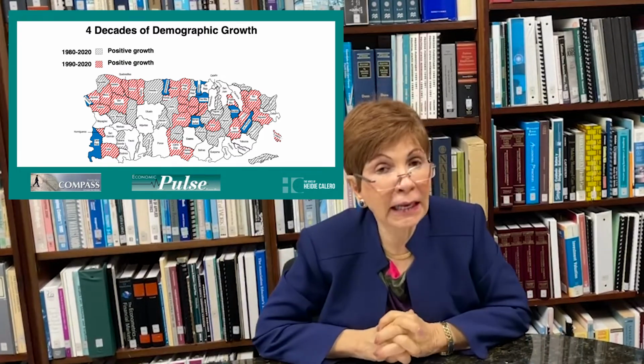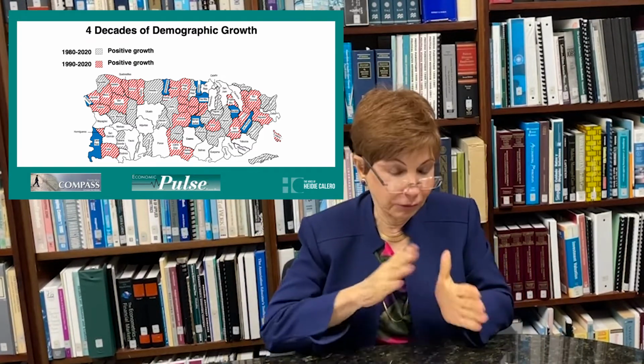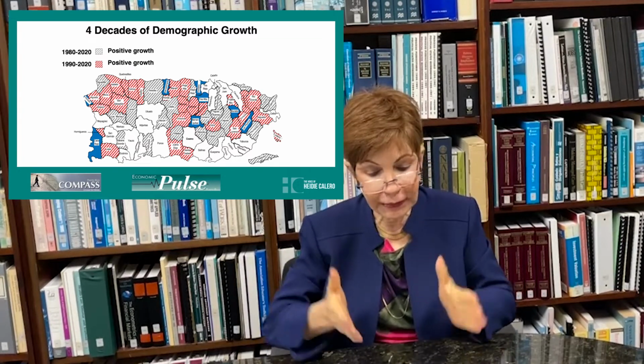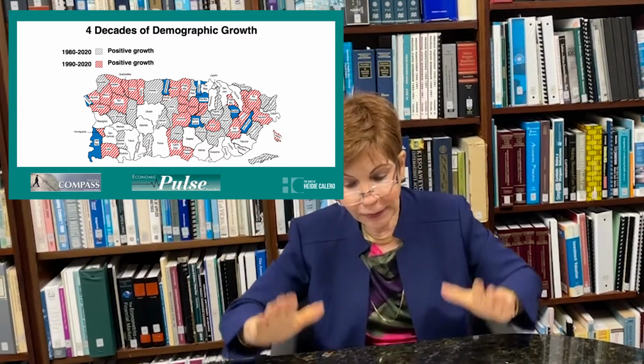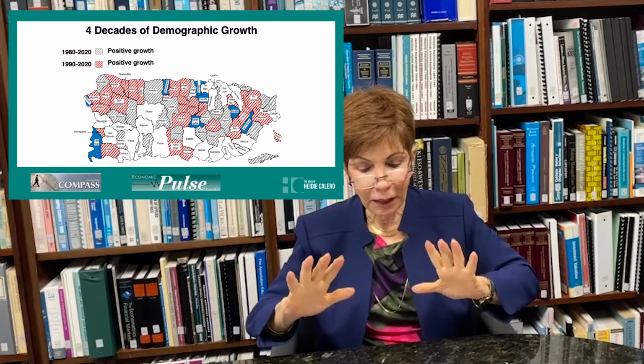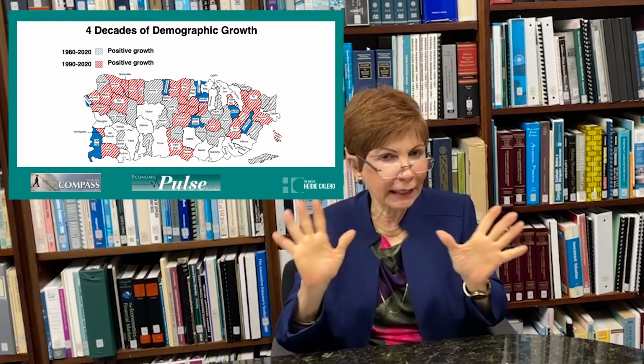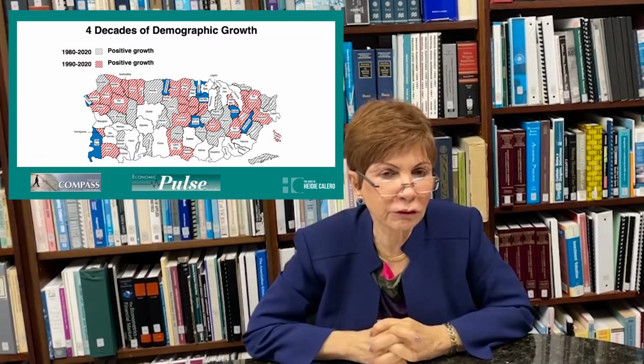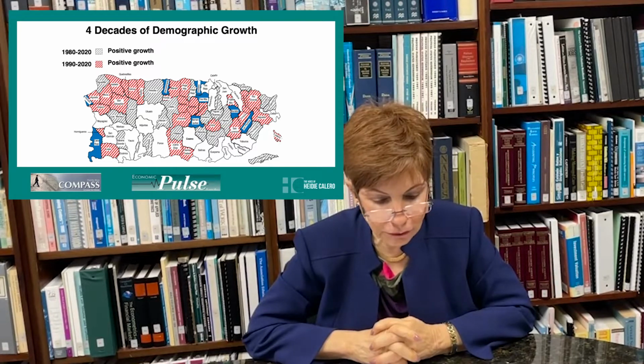For 1990 to 2020, you see the diagonals in red, and again you see many more municipalities, but now less of those diagonal ones that we saw with growth from 1980 to 2020.